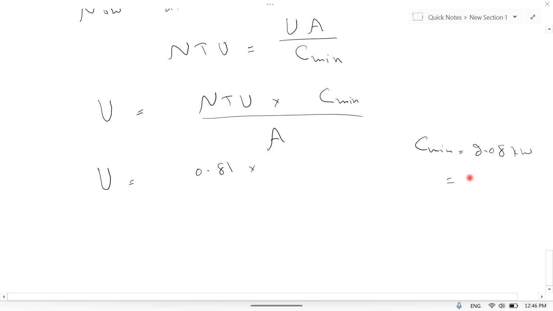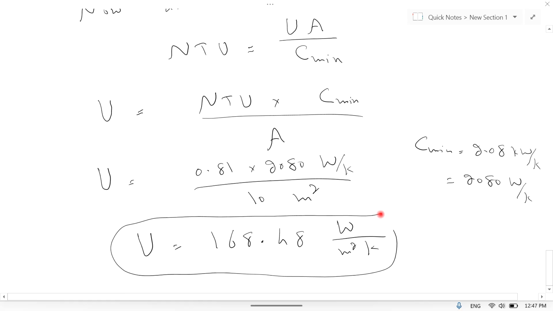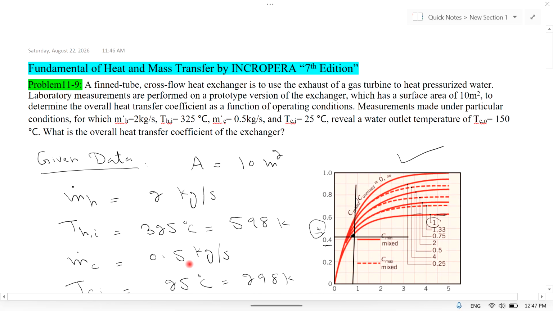We can write this as 2080 watt, and the area of the heat exchanger is 10 square meter. Simplify this, so the value of the overall heat transfer coefficient is 168.48 watt per square meter per Kelvin. This is the final answer for the overall heat transfer coefficient, and this is the end of the problem.